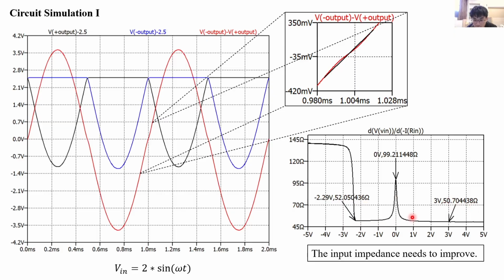And if the large negative voltage input goes to about minus 2.29, then the input impedance increases sharply to about 145 ohms. So the input impedance needs to improve.